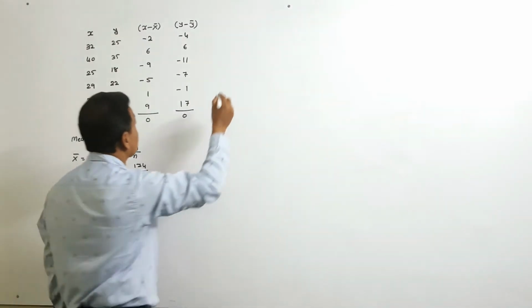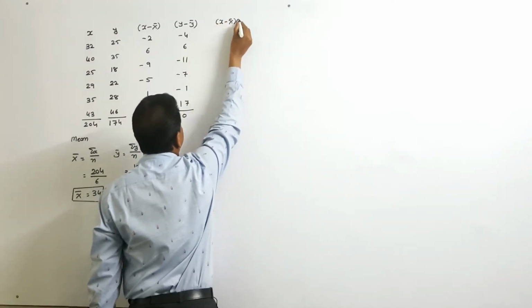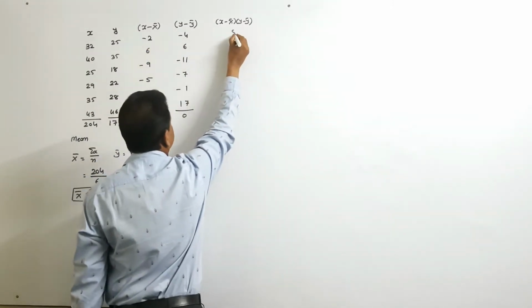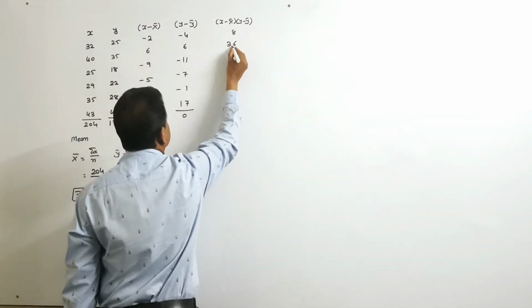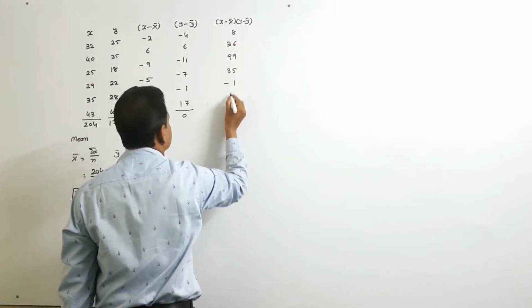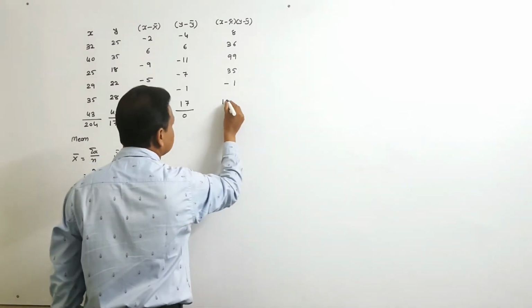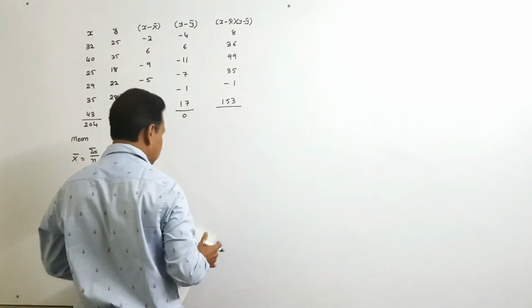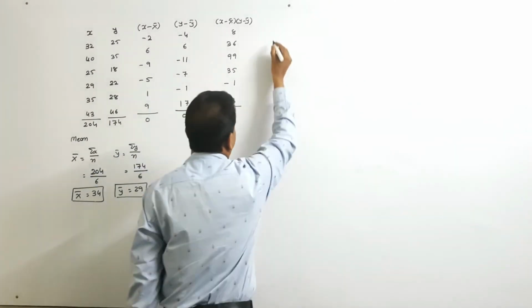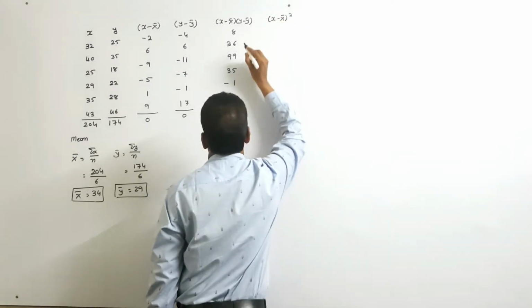So now the product of two things, x minus x bar into y minus y bar. 2 4s are 8, minus minus plus. Here is 36, 99, 35, minus 1, 17 into 9, it is 153. And get the total of this column, this is 330. Then the last column to be prepared is x minus x bar square.